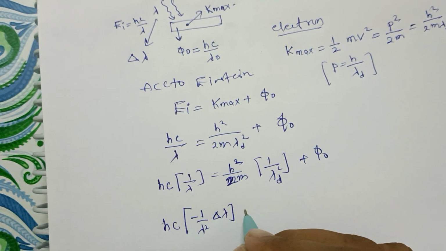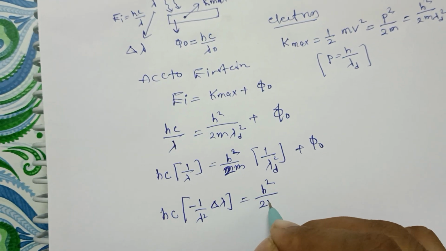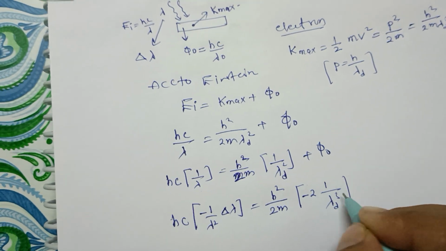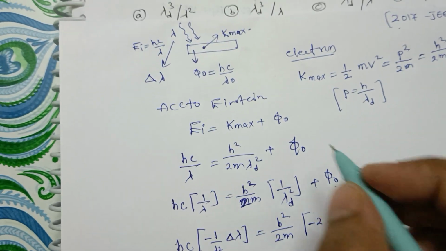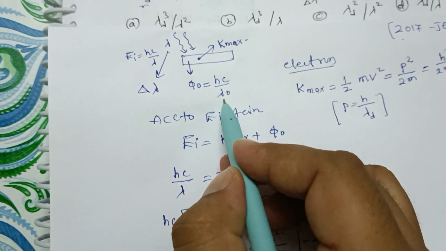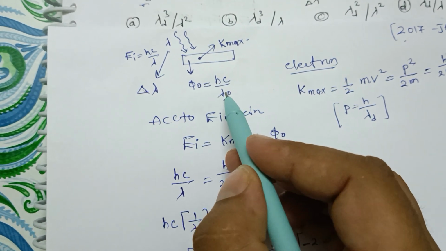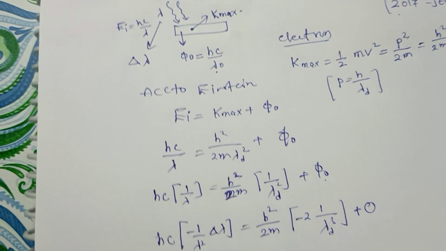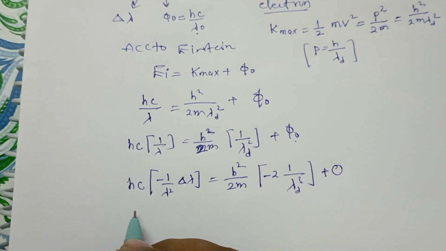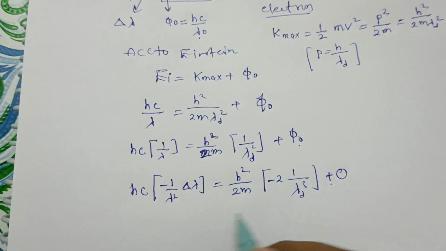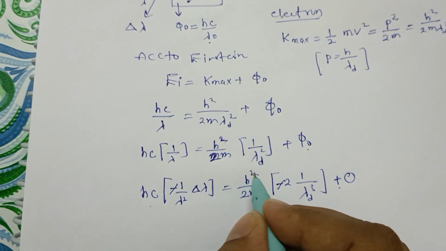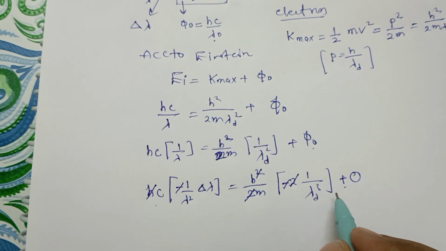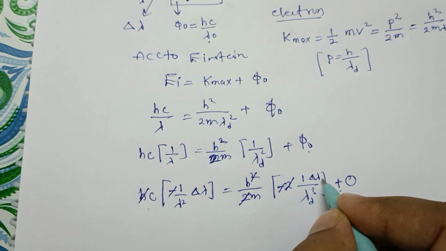Here h square by 2m times minus 2 by lambda d cube, plus the work function hc by lambda naught. Since lambda naught is the threshold wavelength, which is constant for a certain material, its differentiation is 0. Only these two terms remain; the minus signs cancel, one h cancels, and the 2 cancels. One more thing, delta lambda d is missing here.